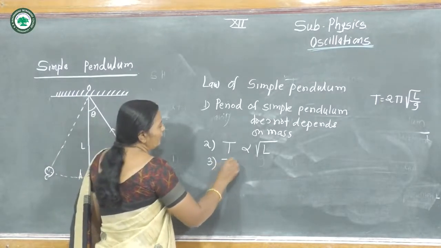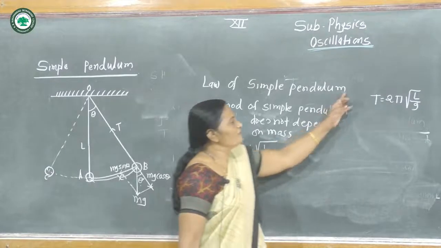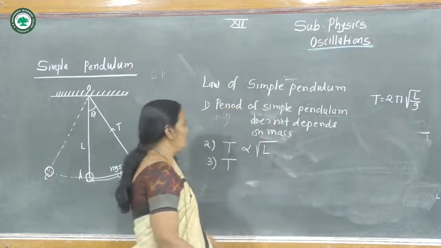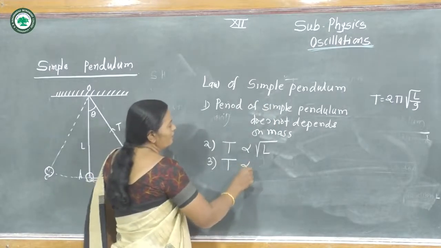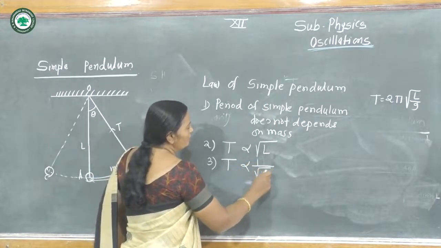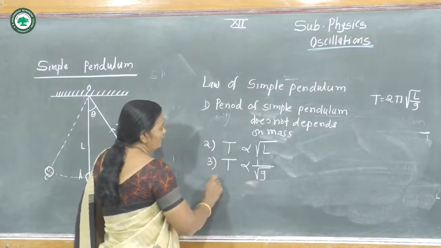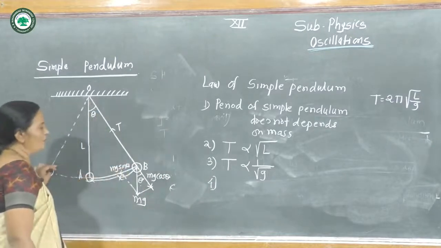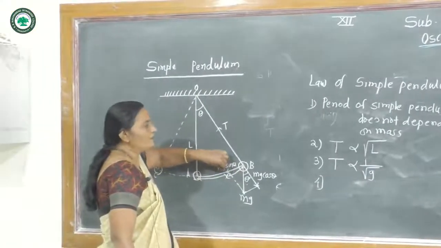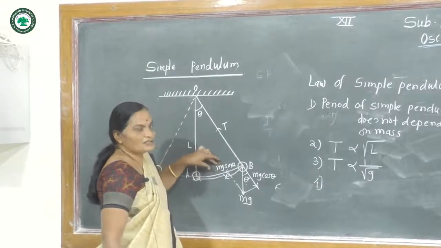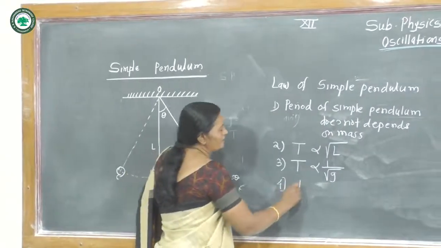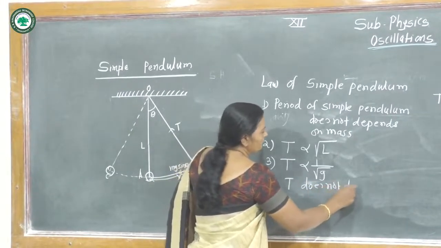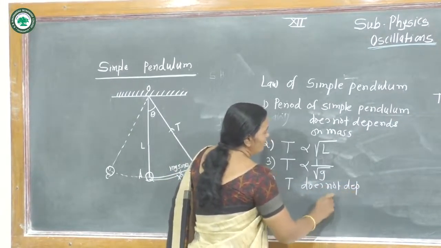Third, the period of simple pendulum is inversely proportional to the square root of G. Then the next law: the period of simple pendulum does not depend on the amplitude of the oscillation.